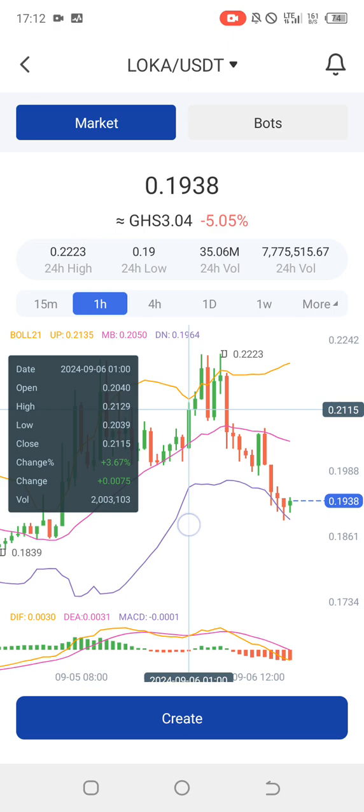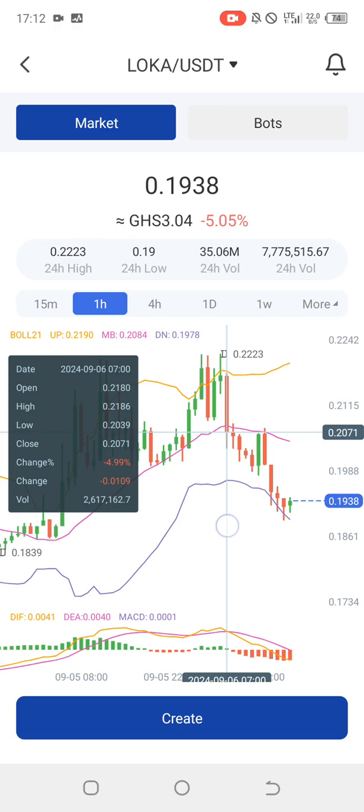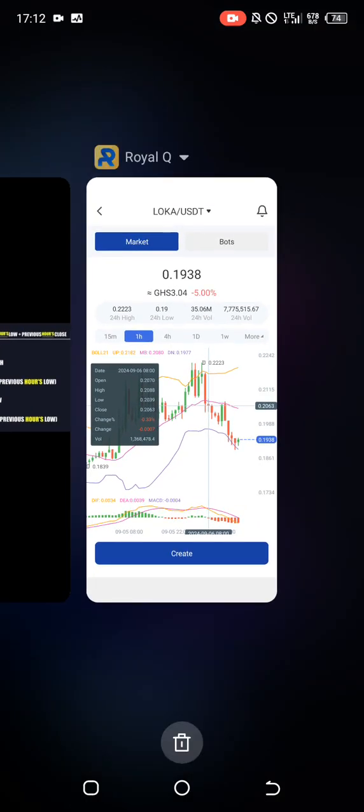You see the high, low, close and open are different. Likewise, coming to 7 a.m. on the 6th of September, the open, high and low prices are also different. So likewise is the calculation of the S1, S2, S3, and also R1, R2, R3. I hope you've gotten what I'm talking about.